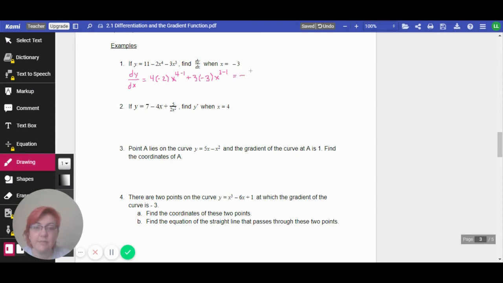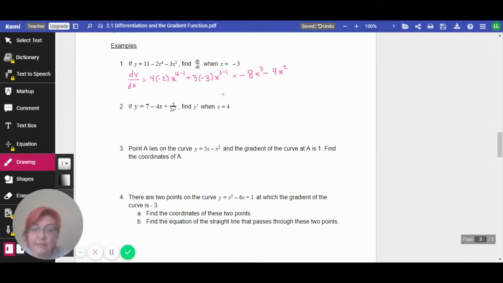-8x cubed minus 9x squared. All right, so when x is -3, what's the value of the gradient? Well, let's see.